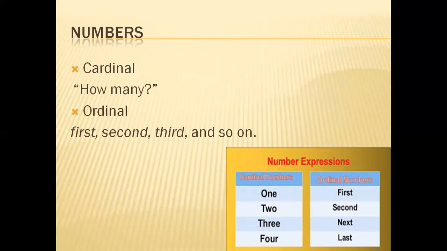Whereas ordinal numbers are first, second, third, and so on. An ordinal number is a number that indicates position or order in relation to other numbers. As I have told you, it tells the position, like first, second, third, and so on.